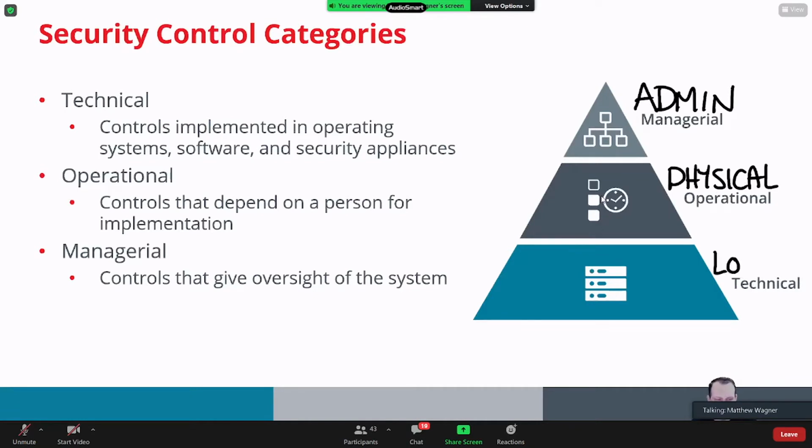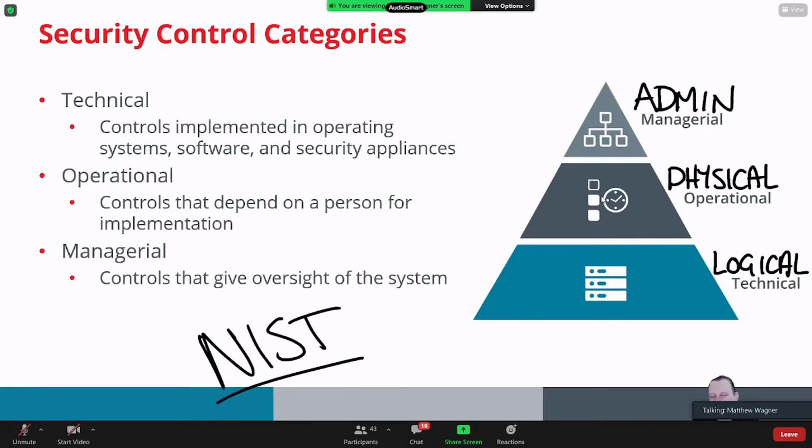These are three different control categories that the National Institute of Standards and Technology, NIST, has outlined for the sake of describing security controls. And a security control is used to mitigate a risk, to minimize a threat. Like, I'm worried about my family, food, and our shelter.